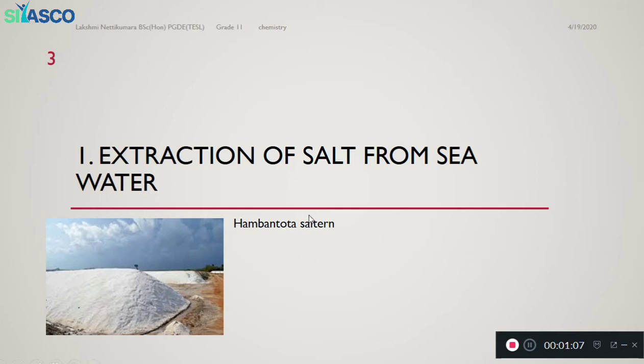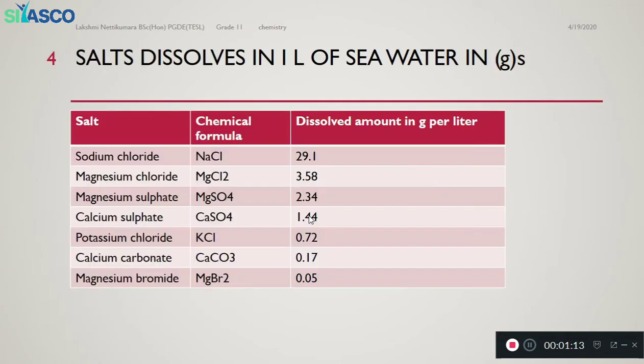Now you can use the knowledge of different separation methods here. Now you know seawater is a homogeneous mixture. Different salts are dissolved in seawater. Now looking at this table, you can get an idea. Sodium chloride dissolved in grams.